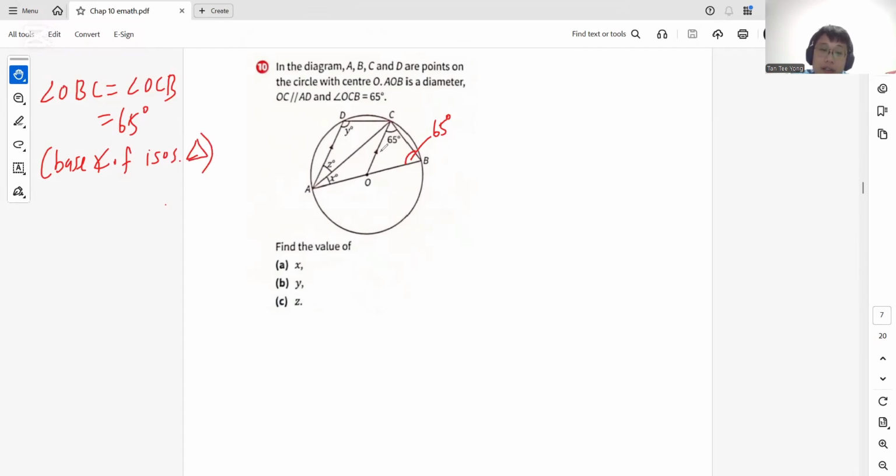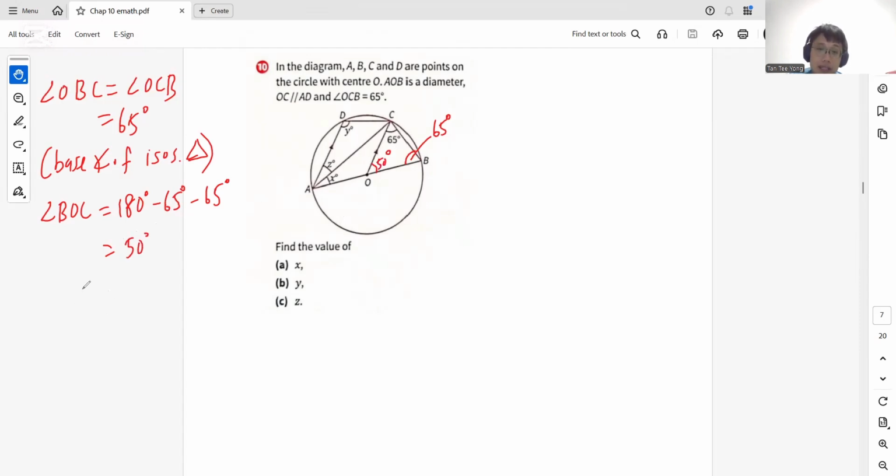So that means we can find out what is angle BOC. So angle BOC is equals to 180 degrees minus 65 minus 65. So that will be 50 degrees. So this is 50 degrees.